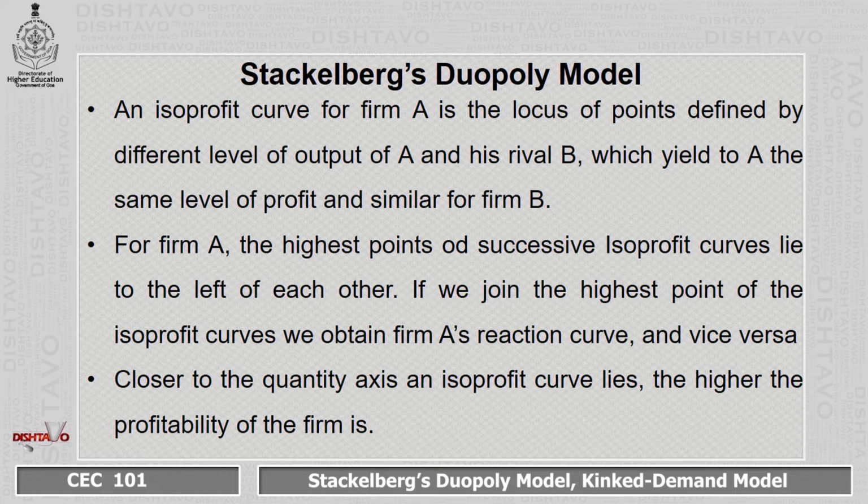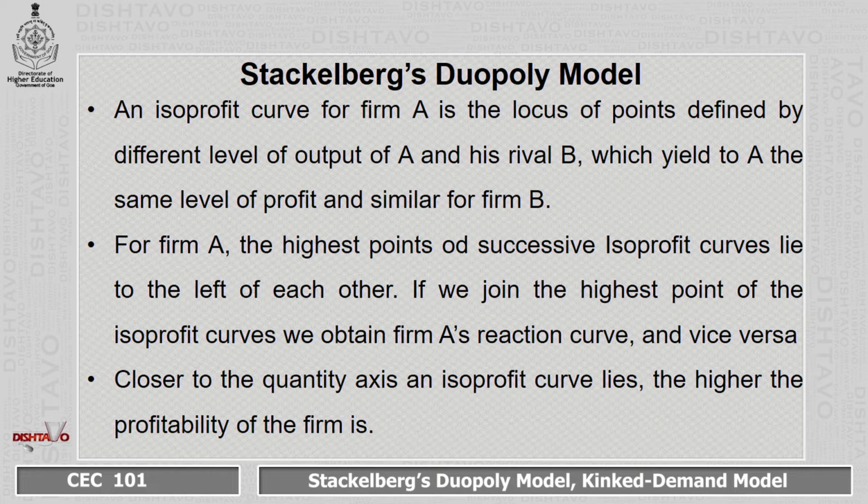Let's say for a firm A, the highest points of successive isoprofit curves lie to the left of each other. If we join the highest points of the isoprofit curves, we obtain firm A's reaction curve. While for firm B, the highest points of successive isoprofit curves lie to the right of each other.